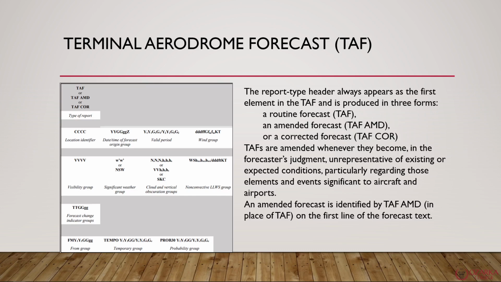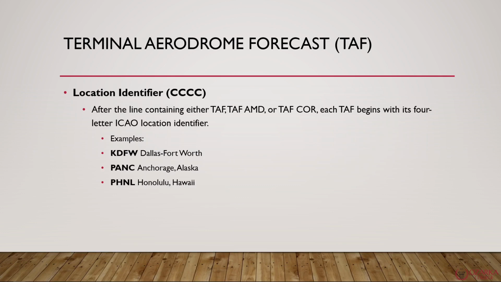TAFs are amended whenever they become, in the forecaster's judgment, unrepresentative of existing or expected conditions, particularly regarding those elements and events significant to aircraft and or airports. An amended forecast is identified as TAF-AMD in place of TAF on the first line of the forecast text. Now, this is the same format as set up in the METARs.